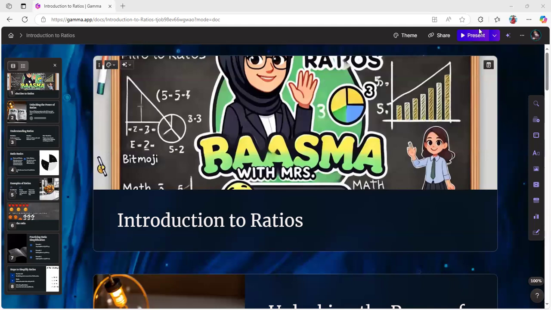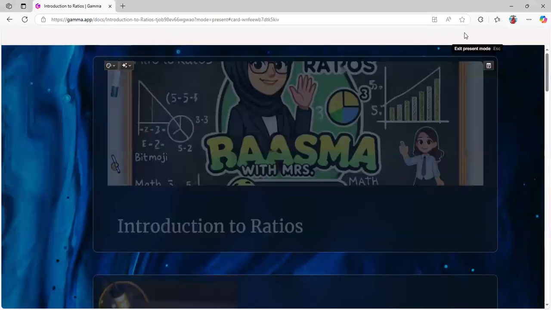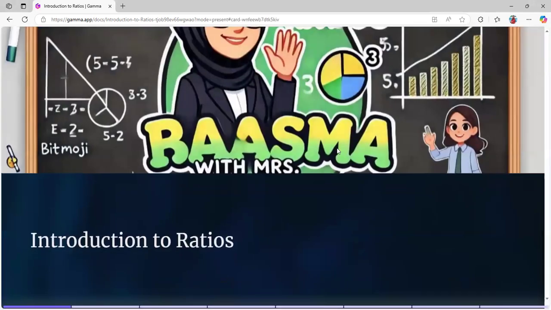They help us compare things like the number of boys to girls in class, the amount of sugar to flour in a recipe, or even the speed of a car compared to time. Let's see what the ratio means. Here is an introduction to ratios.